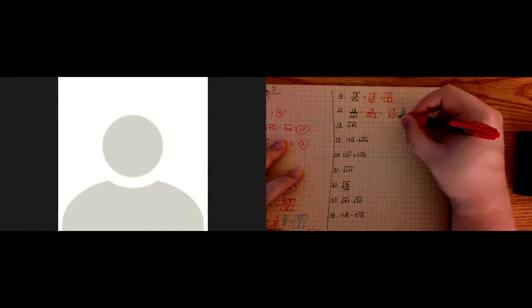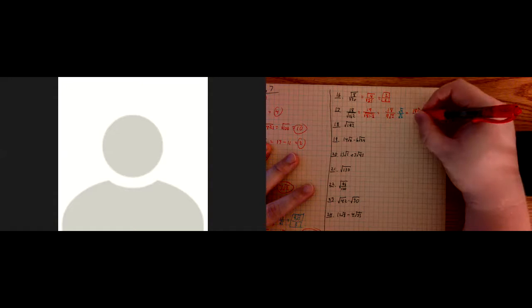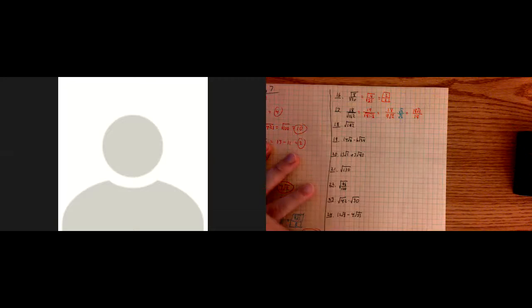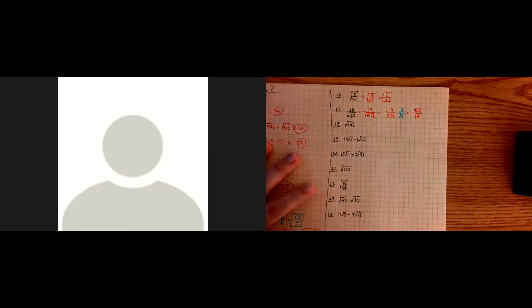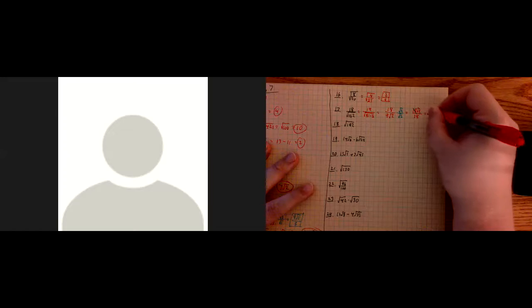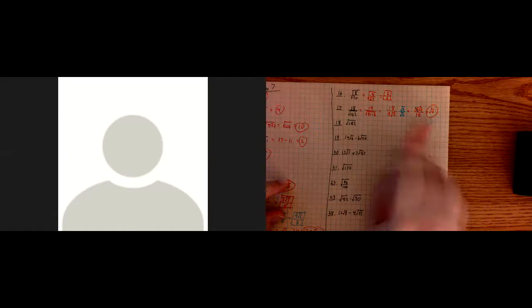Notice I don't do the 9, just the radical 2. And this becomes 18 radical 2 over 9 times 2, which is 18. The cool thing about that is the 18s will cancel, leaving just radical 2. And if you type this into your calculator, these two do match, so we know we did everything right.